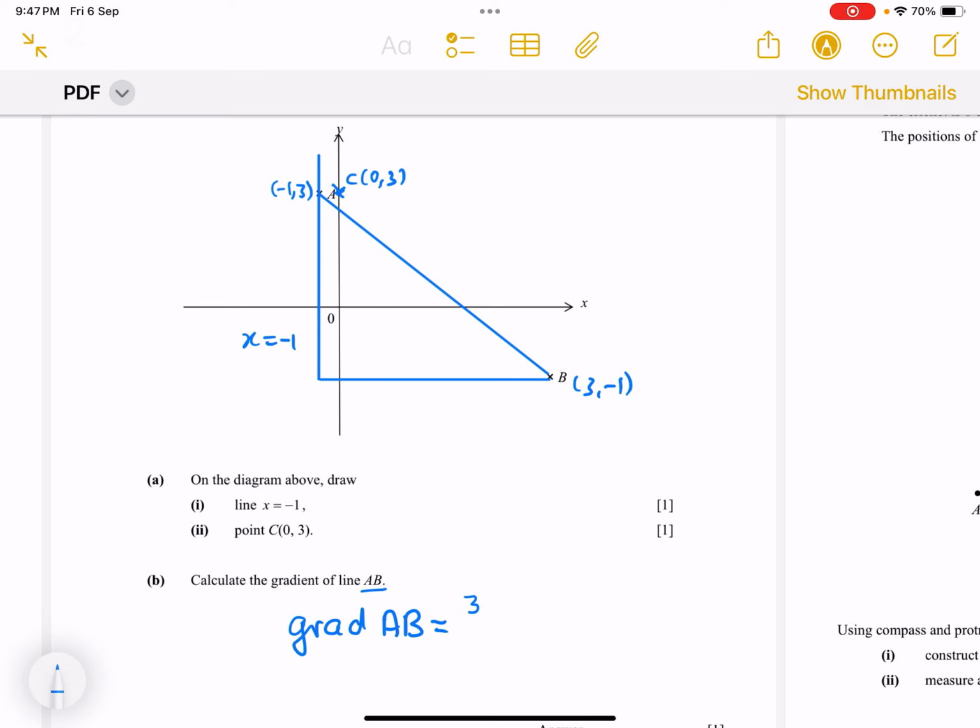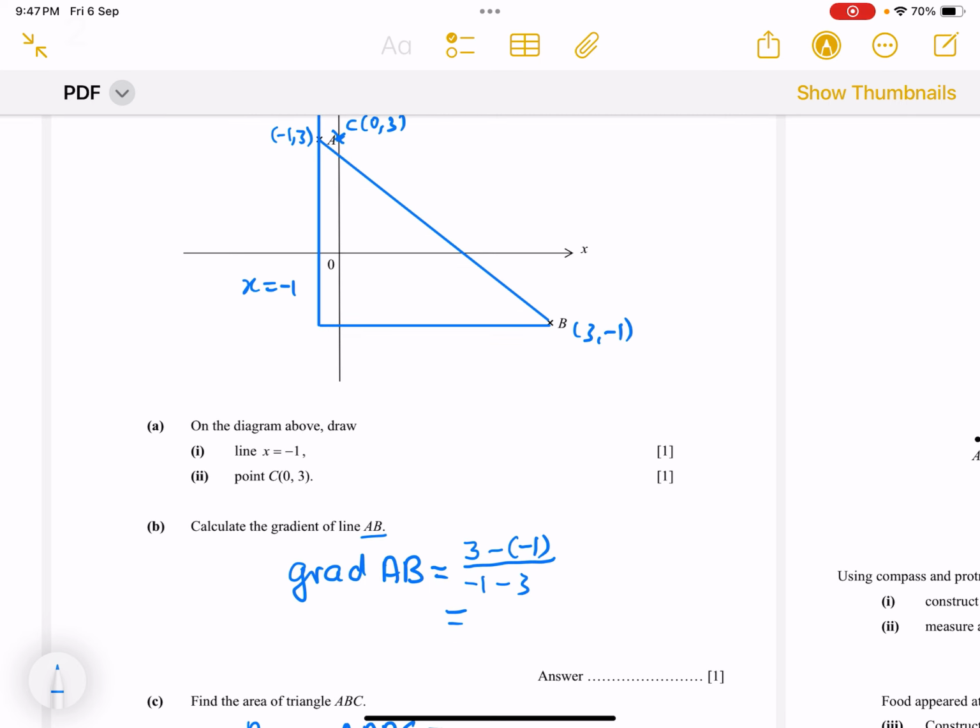So the y coordinates 3 minus -1 over the difference in the x value, which is -1 minus 3. So that gives us 4 over -4, which is -1.